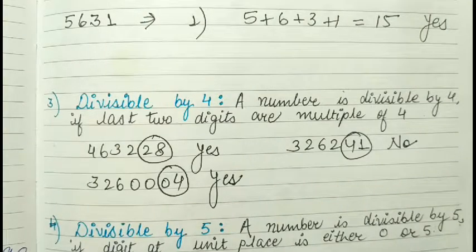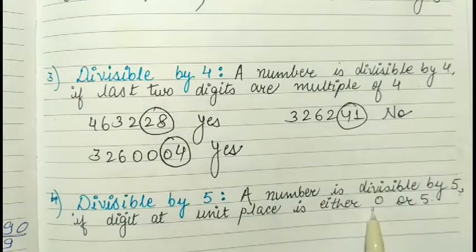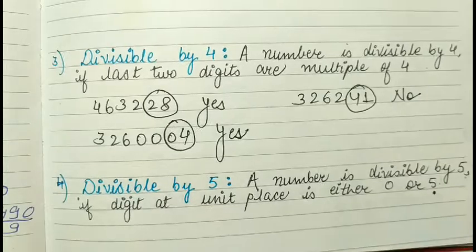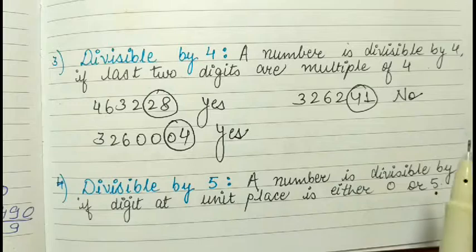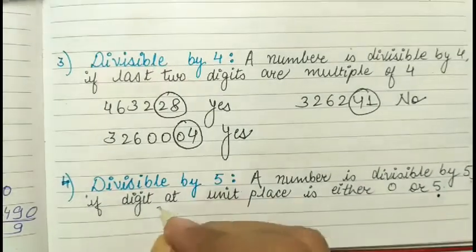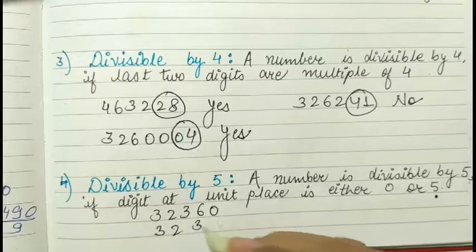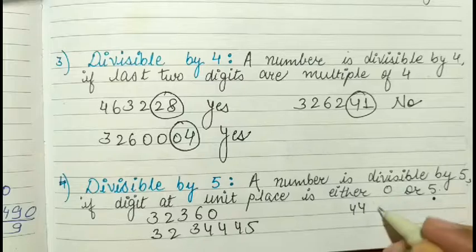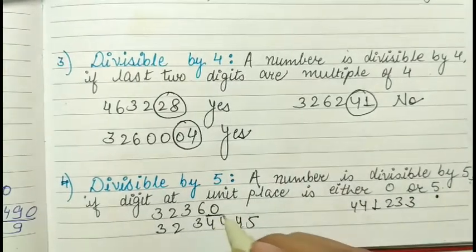Next rule is for divisibility by 5. A number is divisible by 5 if the digit at the unit place is either 0 or 5. Just look only at the unit digit. If the unit digit is 0 or 5, it is divisible, otherwise the answer is no. Okay, just observe the unit digit.